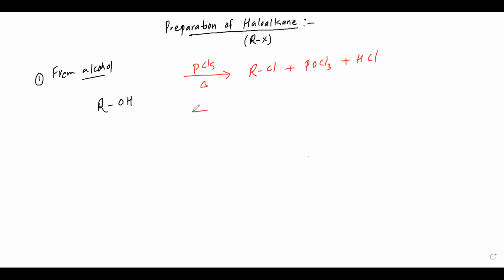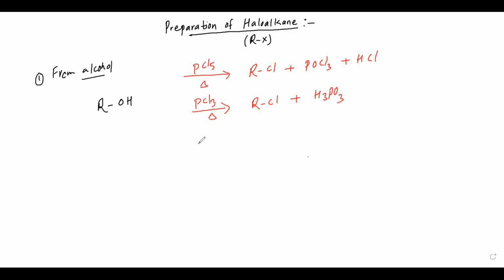Next method for the preparation of haloalkane is from PCl3. So alcohols when heated with PCl3, the product formed is RCl and the byproduct is H3PO3, phosphorous acid.